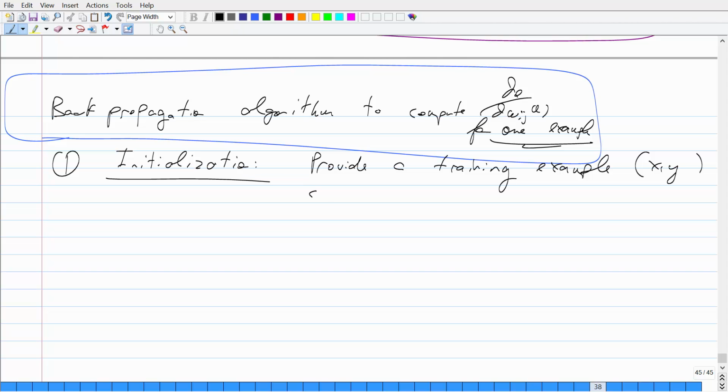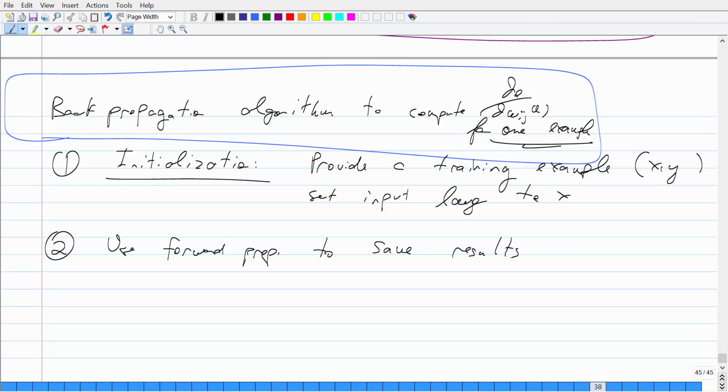And then what you got to do is you have to set the input layer to X, all right? The next step that you have to do is use forward propagation to save results at each layer.